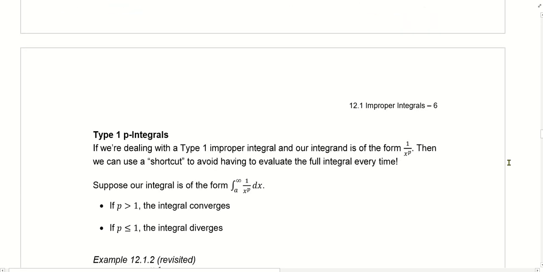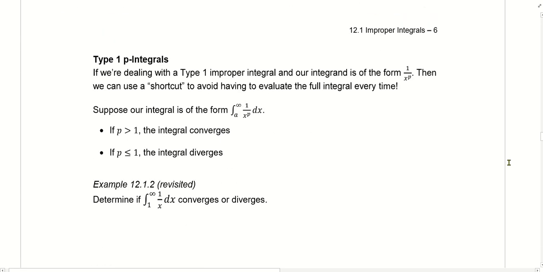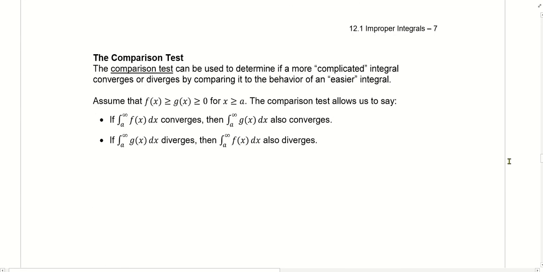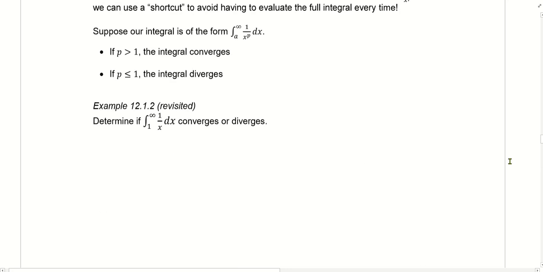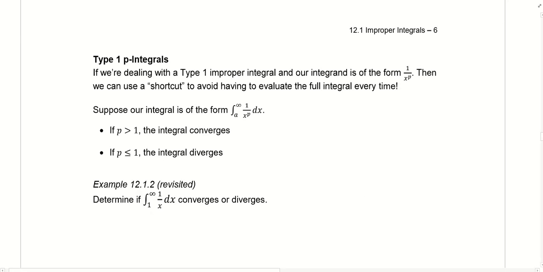So there's two other things I want to mention here. These things called p-integrals and the comparison test, because both of these things can become very useful when you've got an integral that you want to evaluate that's maybe a little bit difficult, or with these p-integrals, it actually can act as a shortcut if you know what to look for.